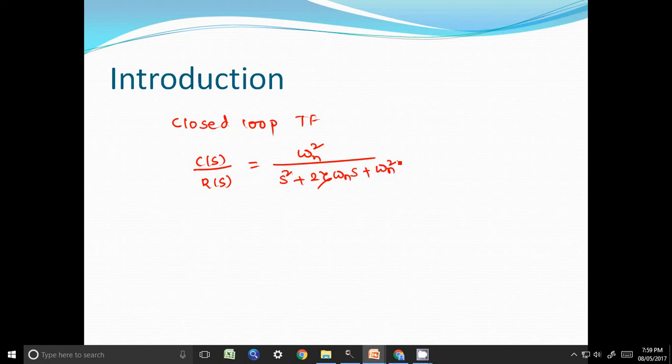This is the standard transfer function where omega_n is the natural frequency of the system and zeta is the damping coefficient. If zeta equals 0, we call the system an undamped system.